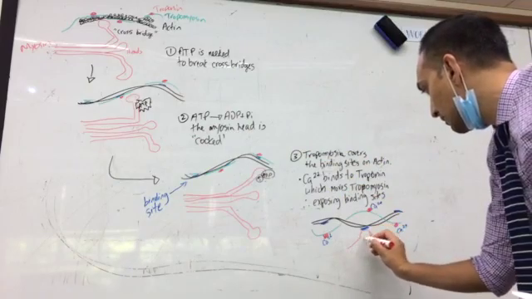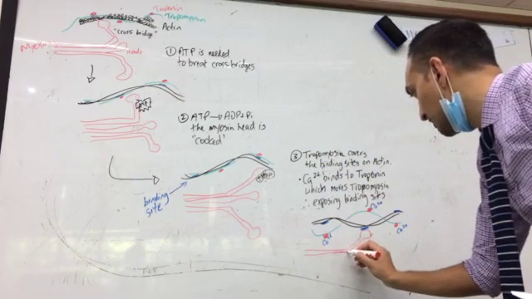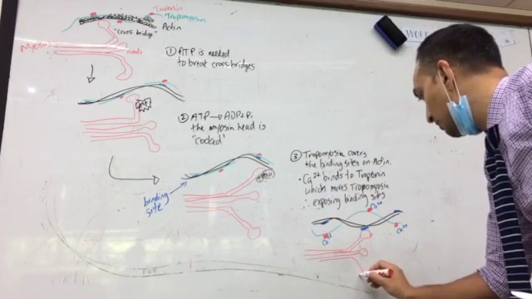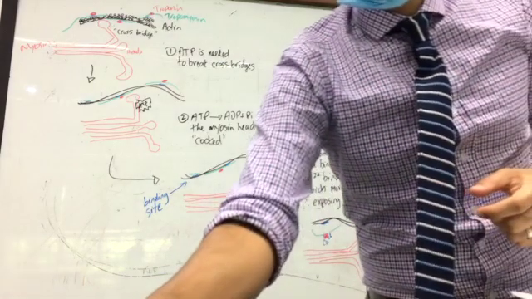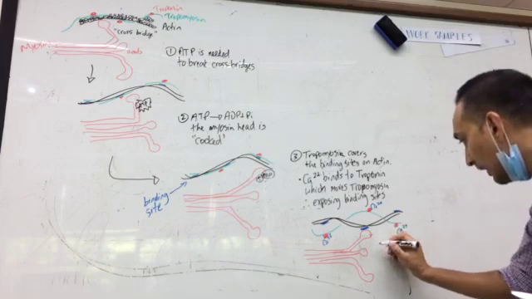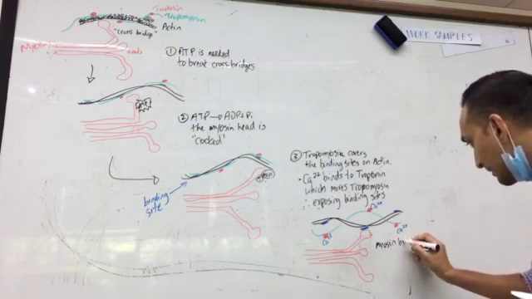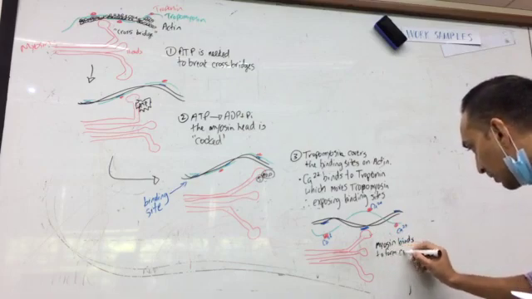It's still the ADP, right? We've kind of frozen time for a minute here. So it can now form a cross bridge. Myosin binds to form a cross bridge.